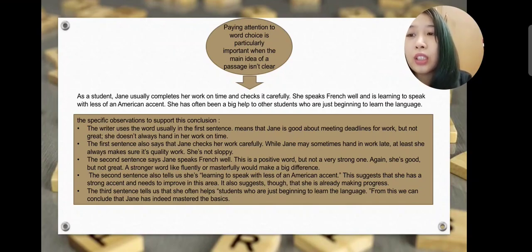Fourth, the second sentence also tells us she's learning to speak with less of an American accent. This suggests that she has a strong accent and needs to improve in this area. It also suggests, though, that she is already making progress.